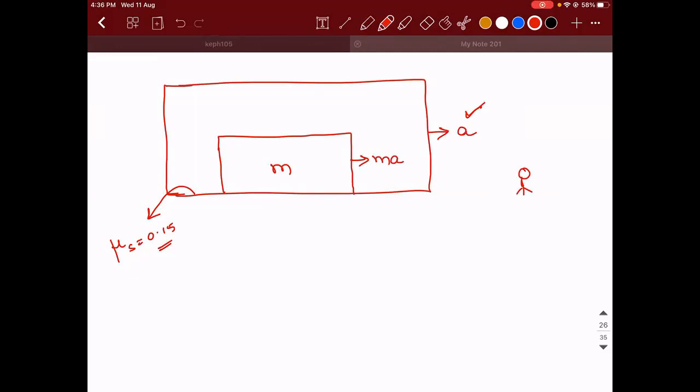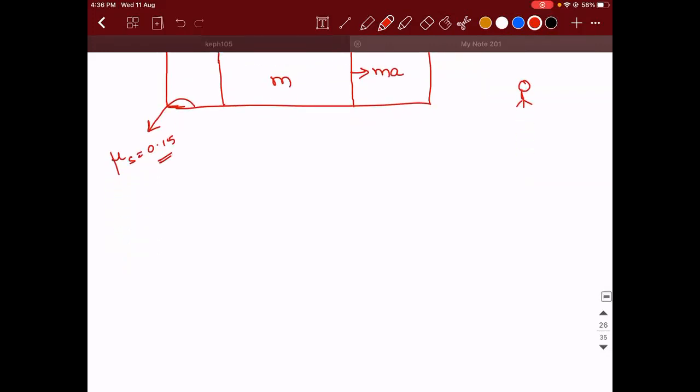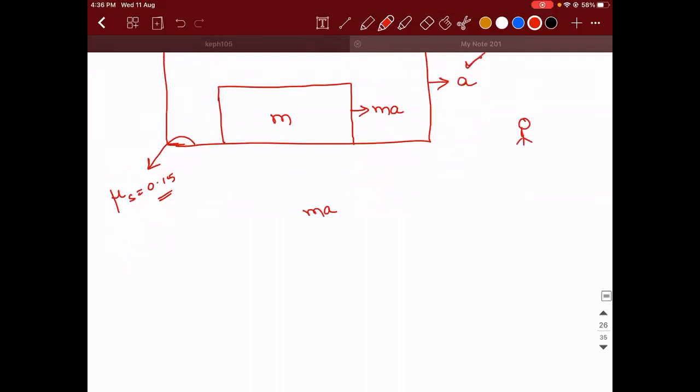Yes, sir. Right, where m is what? M is not the mass of the train's compartment. It is the mass of the block. Okay. Then they are asking what should be the maximum value. Means the acceleration with which this train is going to move should be in such a way that the force should be less than or equal to the limiting friction.